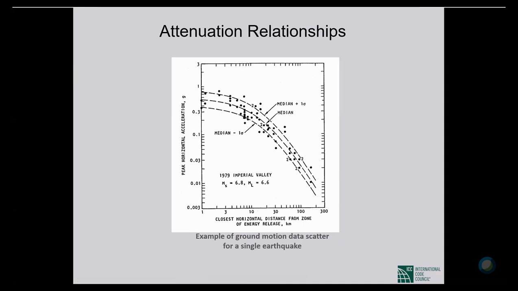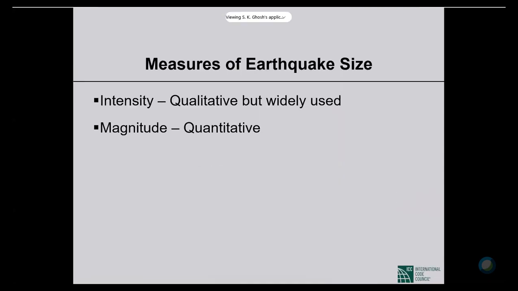We can decide whether we will go with the median attenuation relationship, or median plus one standard deviation, or median minus one standard deviation. We can put an equation to this curve which will tell us how the ground motion dies away. And these are very useful, as I said, in figuring out the earthquake ground motion at a particular site.